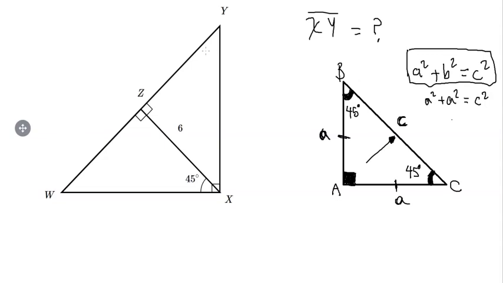So what do we do now? Yes, we add. What is A squared plus A squared? That's correct, 2A squared equals C squared, right? And then how do we solve this?